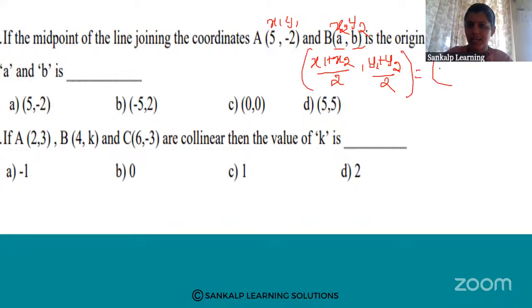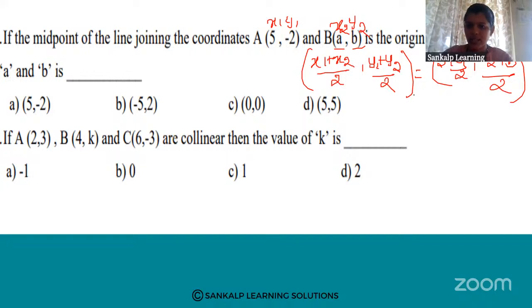Okay, x1 value is 5 and y1 value is minus 2, x2 value is A divided by 2 and y2 value is B divided by 2. That means 5 plus a divided by 2 and minus 2 plus b divided by 2.